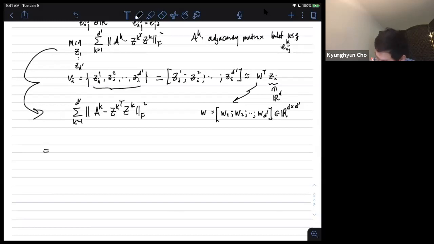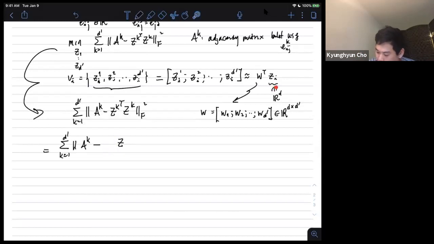However, let's just remove the minimum. How we are actually writing this down is the sum from k=1 to d prime of A_k minus Z, so this is a single code matrix, right?